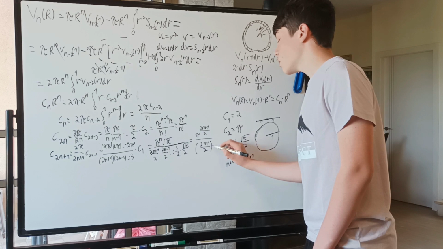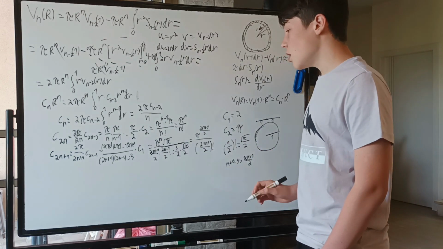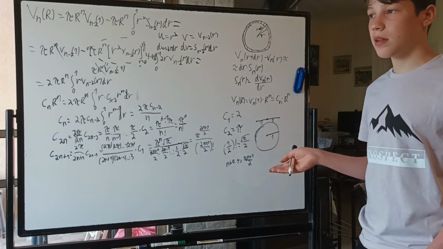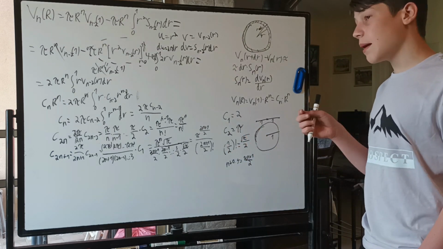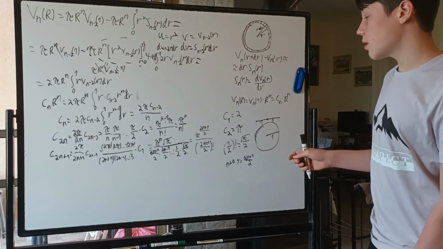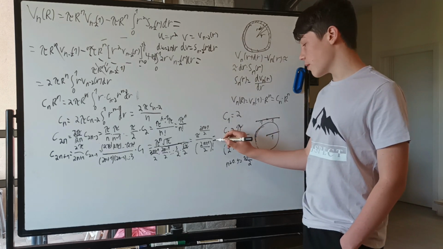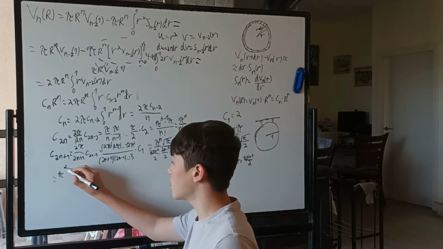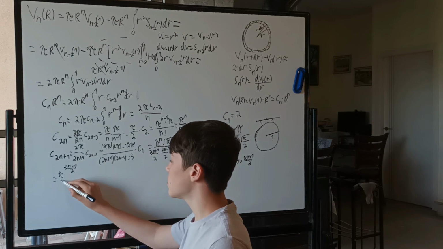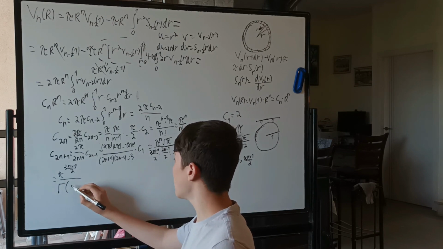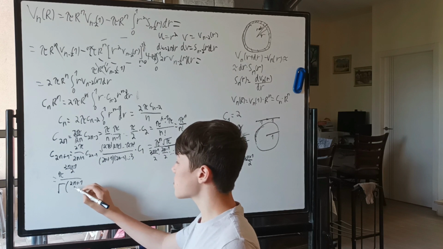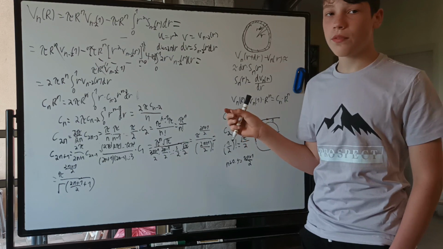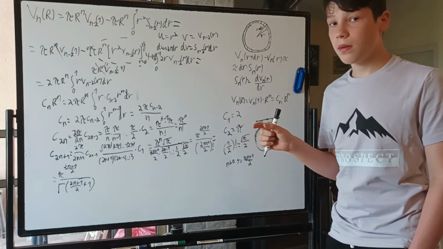divided by 2n plus 1 over 2 factorial. Really, I should write this with the gamma function, as the factorial is defined only for natural numbers, and the gamma function is what extends this to all real numbers. So I will write this as pi to the 2n plus 1 over 2 divided by gamma of 2n plus 1 over 2 plus 1, because the gamma function is shifted by 1.